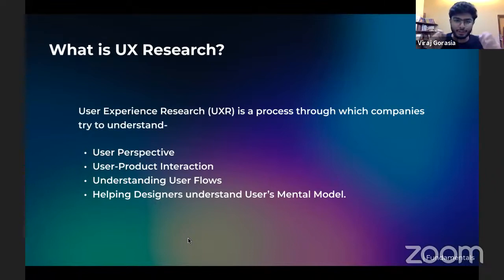I might be wrong with the actual numbers, but it's for teenagers. So whatever they make in the app, whatever colors they use, whatever format, whatever typography they use, it is optimized for these teenagers. So they understand the user's mental model, and this is then given to the designers, and they make such designs which are appealing to the TG, target audience. So that is what UX research is.